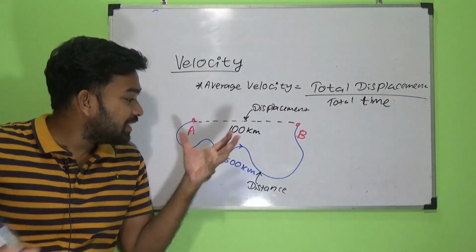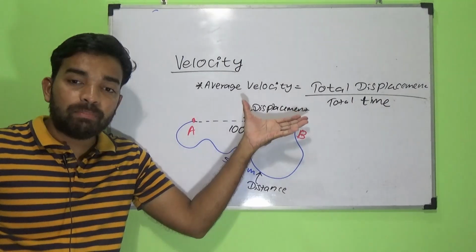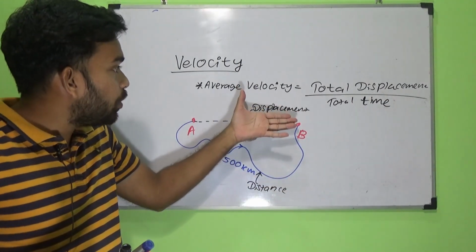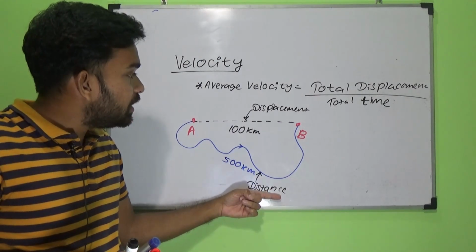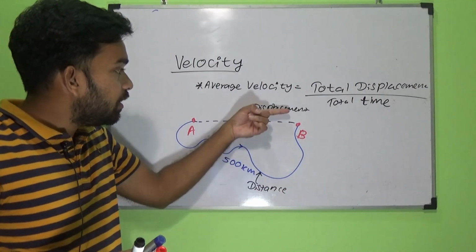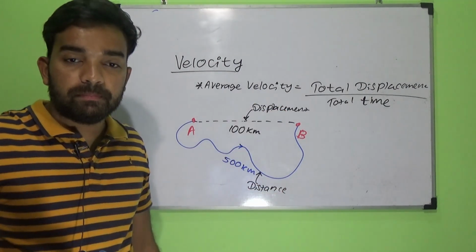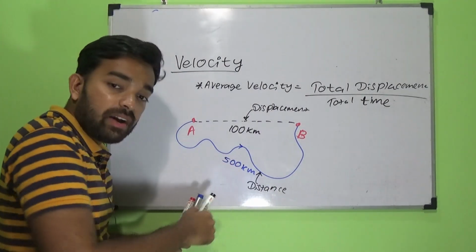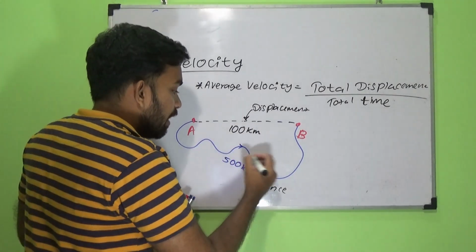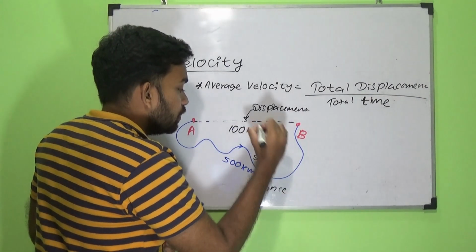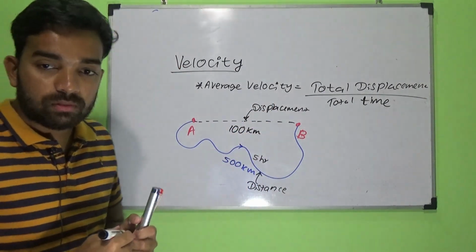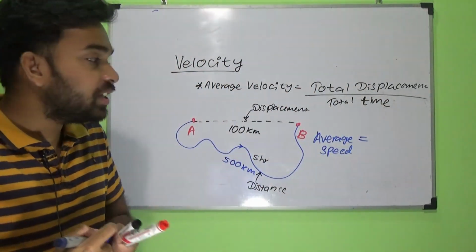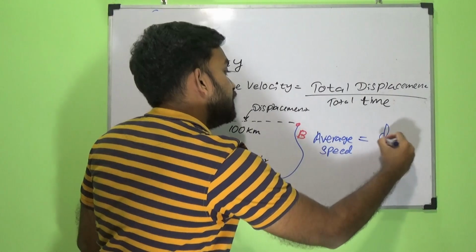So when you consider the distance and the displacement, you can also talk about the average velocity and the average speed. Let's assume that to go these 500 kilometers, you travel for 5 hours. For average speed, the equation was the total distance divided by time.